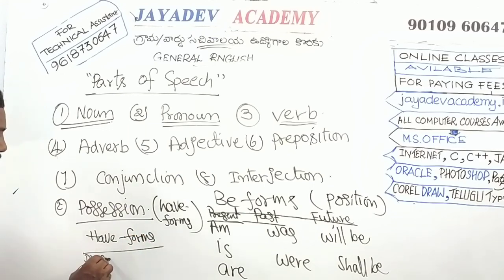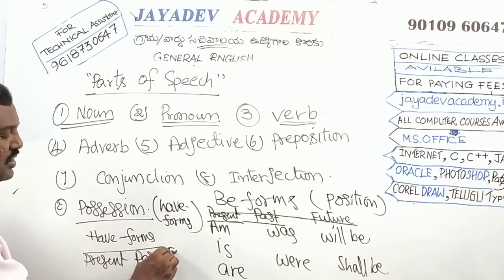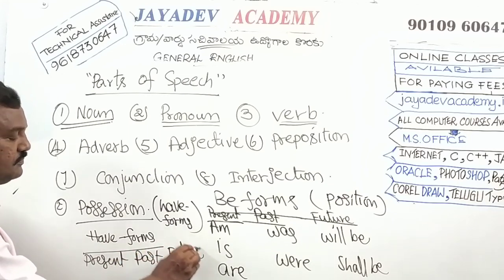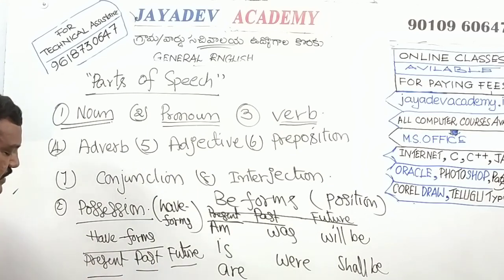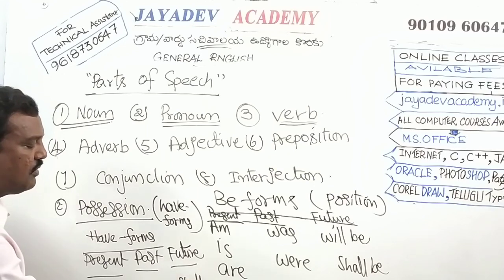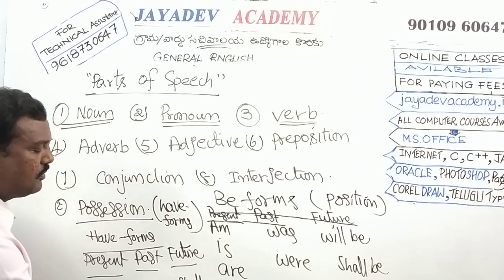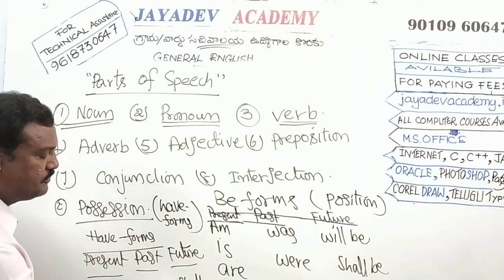Present: has, have. Past: had. Future: shall have, will have.